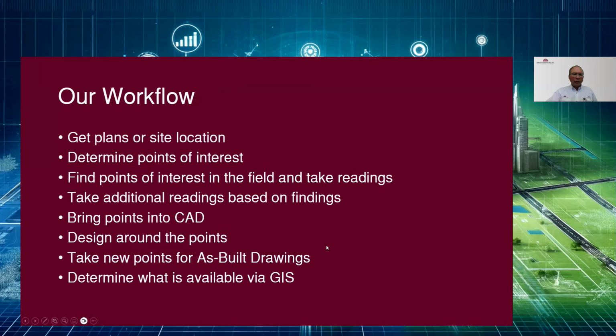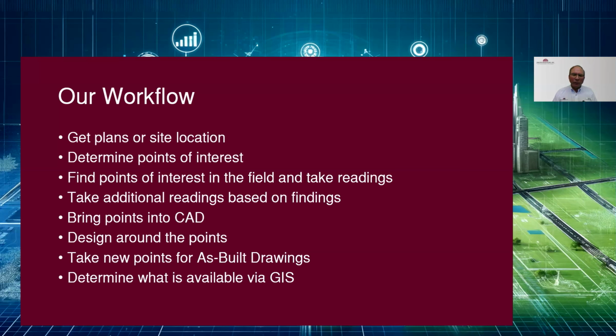Our typical workflow for site locations: we get all the information we need from published data from various organizations like the counties, state, and other GIS providers. Then we determine the points of interest and get them on our maps before we go out to the site. We find points of interest in the field and take the readings once we get there, and take additional readings based on our findings.